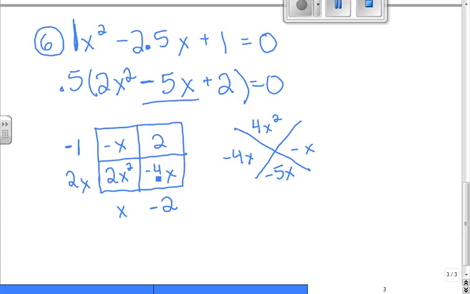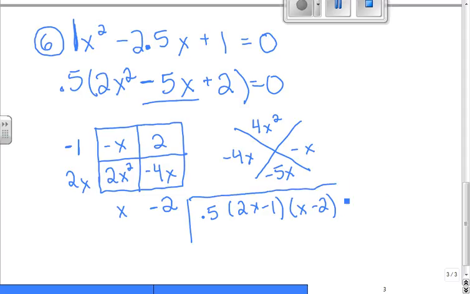Negative 2 times 2x is negative 4x. x times 2x is 2x squared. x times negative 1 is negative x. So we're good. So we have 2x minus 1 times x minus 2. Don't forget our 0.5 from the beginning that we factored out as our GCF. And all of that equals 0.